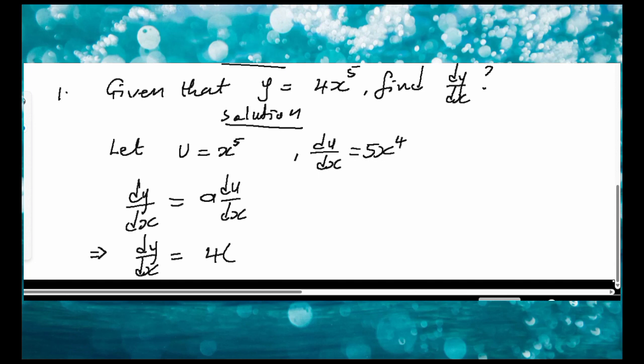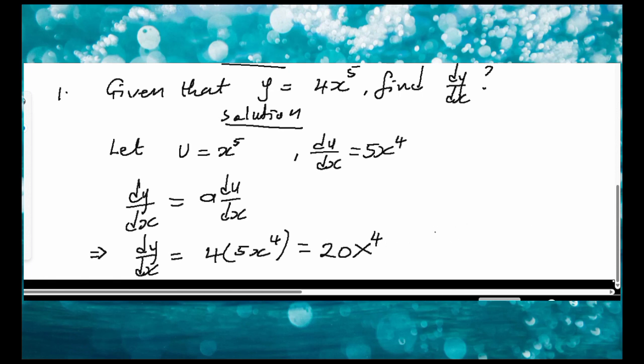We differentiated the u with respect to x, and we had 5x raised to the power of 4, so we're going to have 5x raised to the power of 4, and actually 4 is going to multiply by 5, and 4 times 5 is going to give us 20, and then x raised to the power of 4.